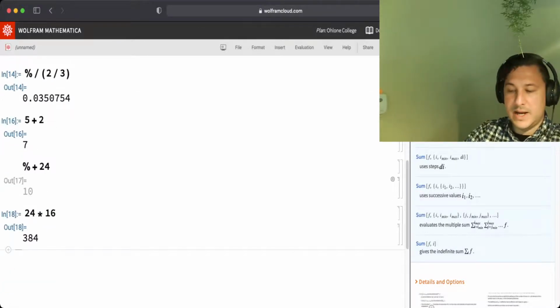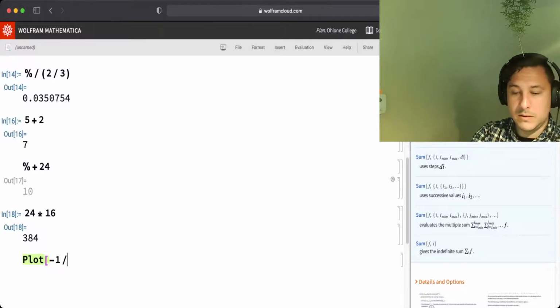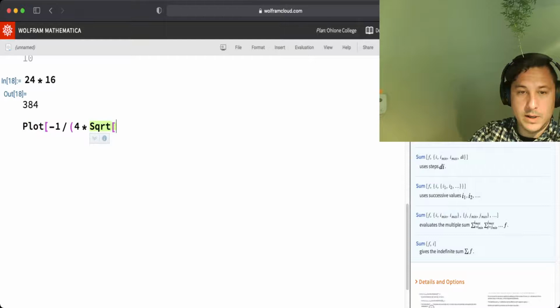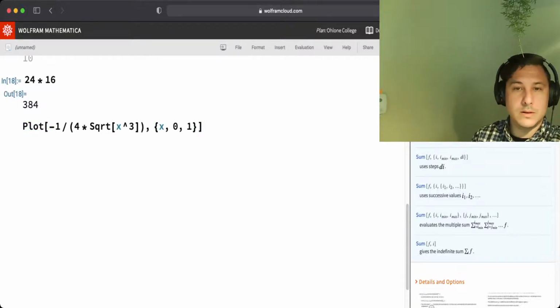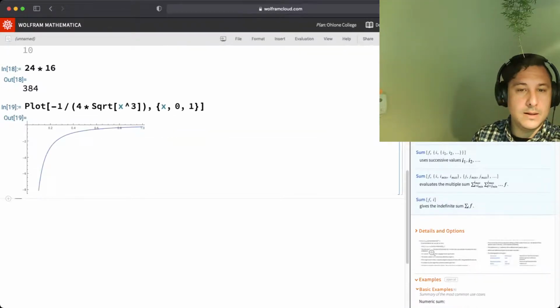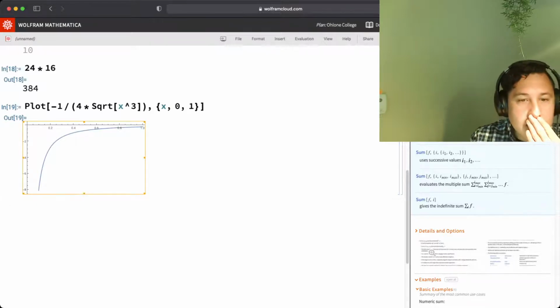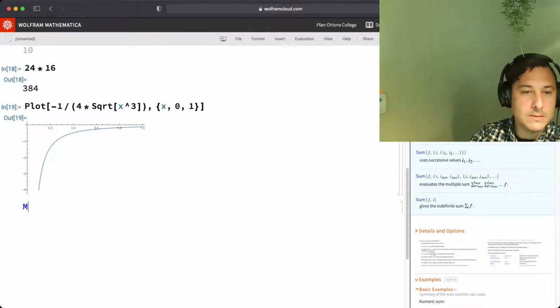I'm going to plot this function, minus 1 over 4 times the square root of x cubed, between 0 and 1. So we're plotting it. I think we can even ask for the maximum.